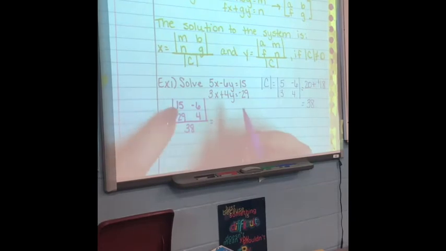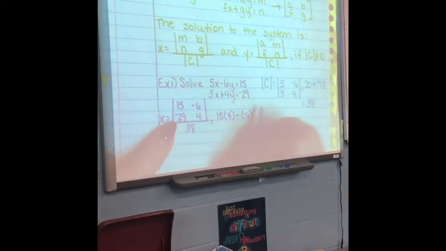All right, so just as a reminder, this is 15 times 4 minus -6 times -29 all over 38. So diagonals and their difference, right? The product of the diagonals subtracted.